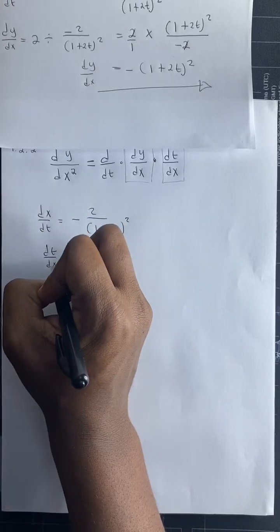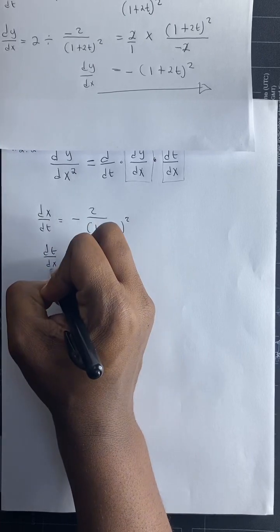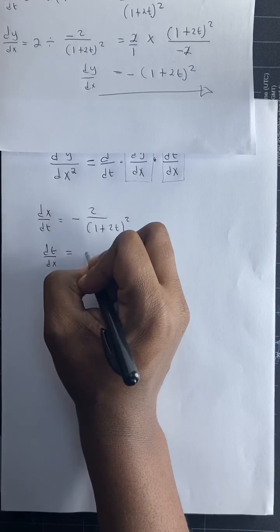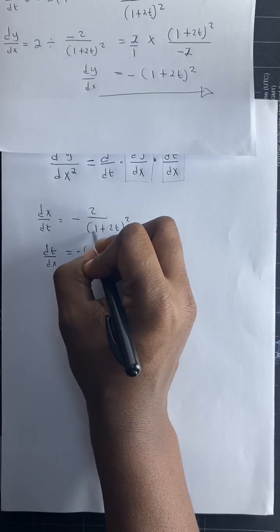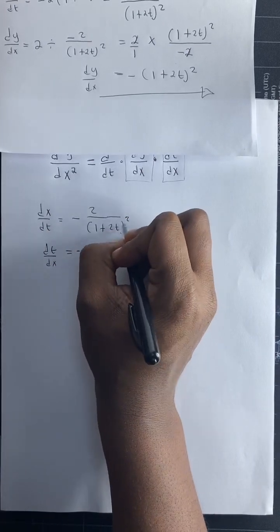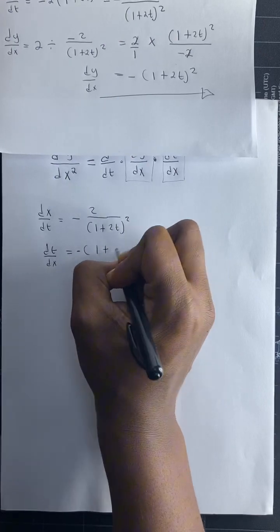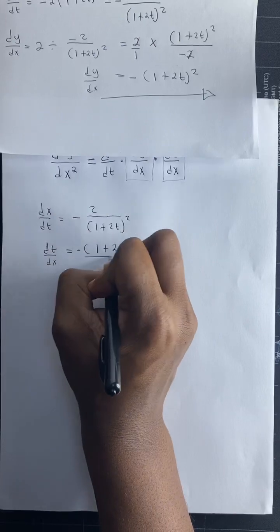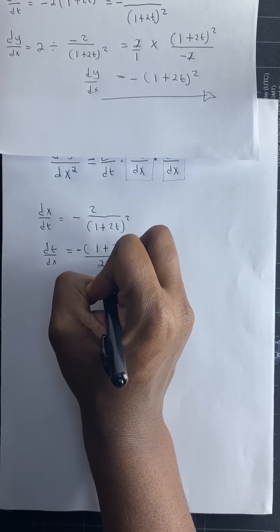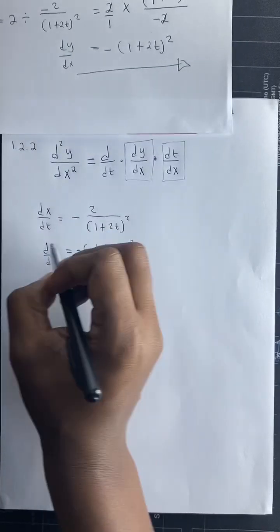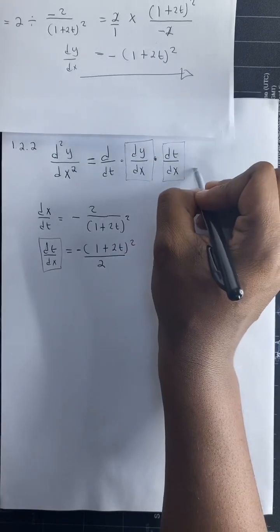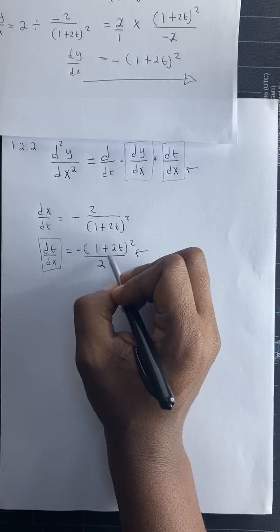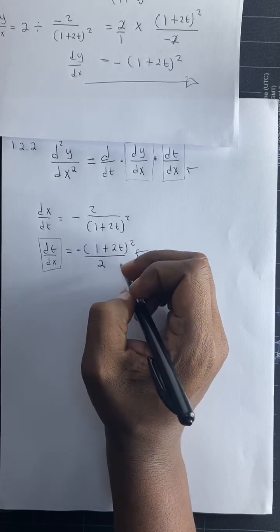Since we flipped the dx and it came at the bottom and the dt came on top, we also have to do the same. So this (1 plus 2t) all squared will come and be our numerator, and this 2 will be our denominator. So in the place of that dt over dx, we will substitute negative (1 plus 2t) squared divided by 2.